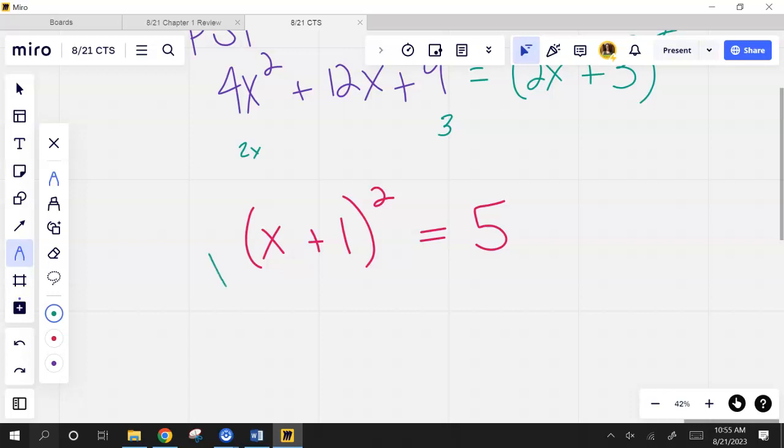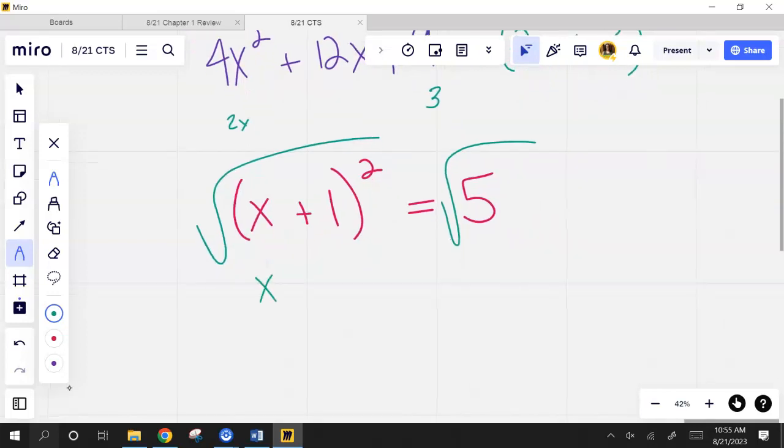Just square root them. Right? X is only there one time, so I can square root. So x plus 1. Sure.